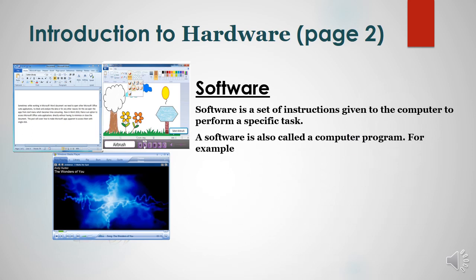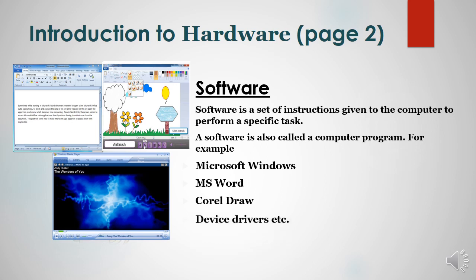A software is also called a computer program. For example, Microsoft Windows, Microsoft Word, CorelDRAW, device drivers, etc. In these examples, in 6th class, you have studied about Microsoft Windows.